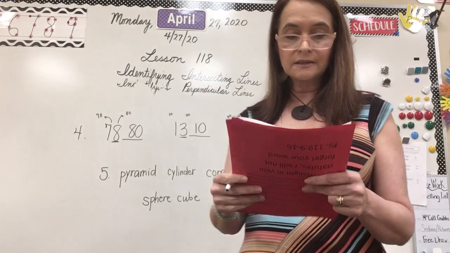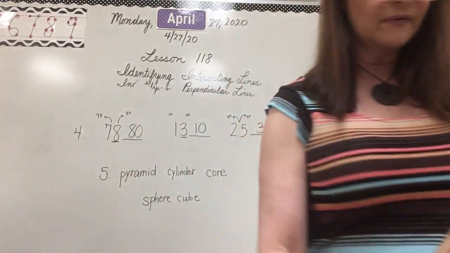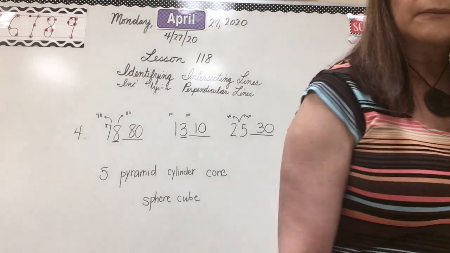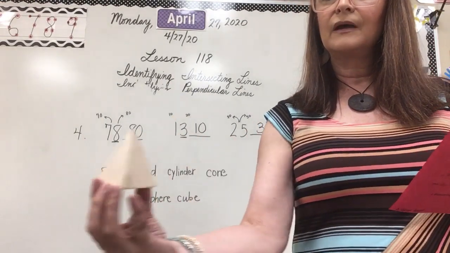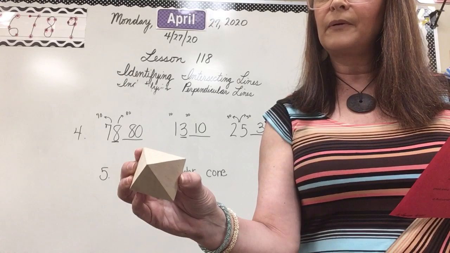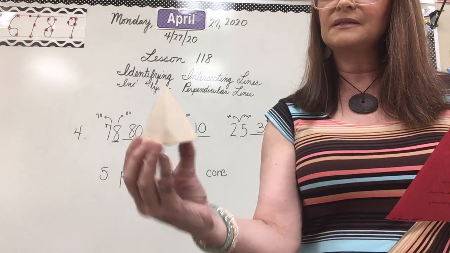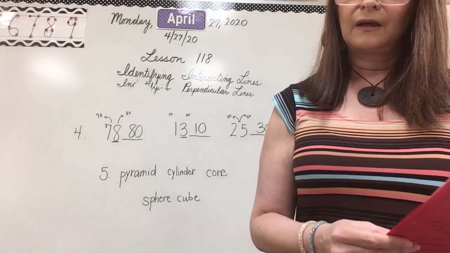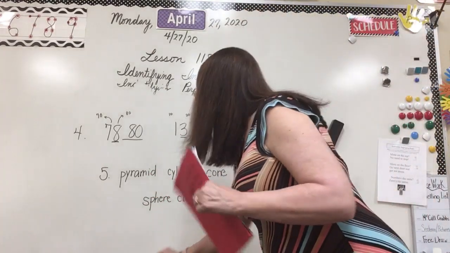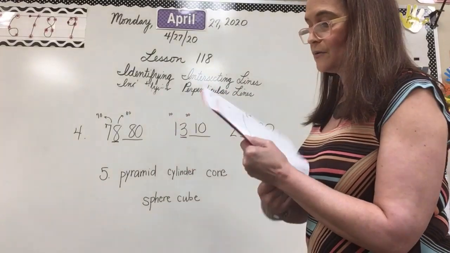And a point, at least one point or vertex. So let's look at the pyramid first. Here's the pyramid. Do you see at least one point or vertex in the pyramid? Yes, you do. So we will circle that one.